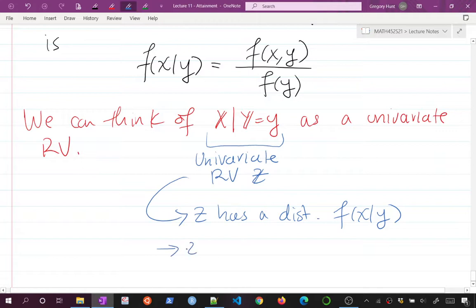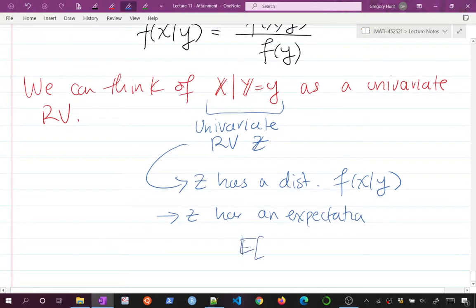But it has other things. Z has an expectation, so you could say the expected value of Z, which often would be denoted the expected value of X given Y equals little y.